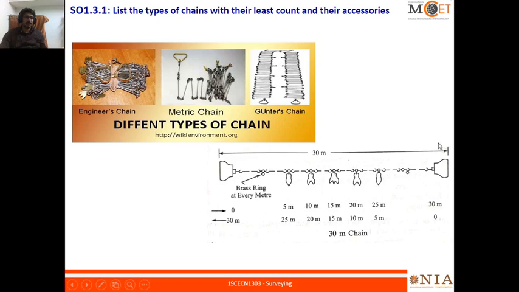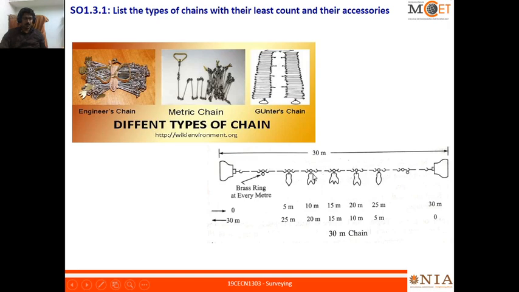So this is again the metric chain. Already we have seen the 20 meter. Now here it is a 30 meter, measured end to end. A brass ring at every 1 meter. At the 5th meter there will be a tally. From here also it is the 5th meter, means the same tally will be there. 10 meter, from here also 10 meter, from here it is 20 meter.